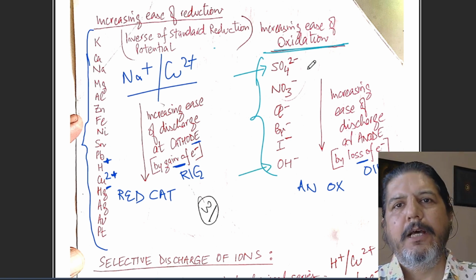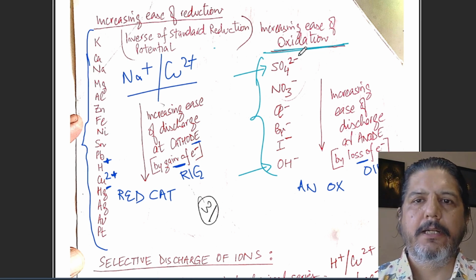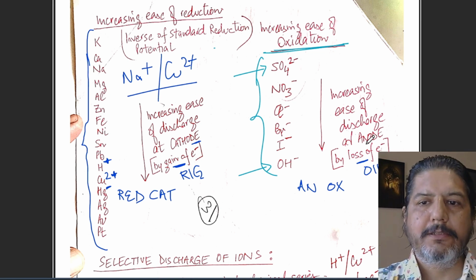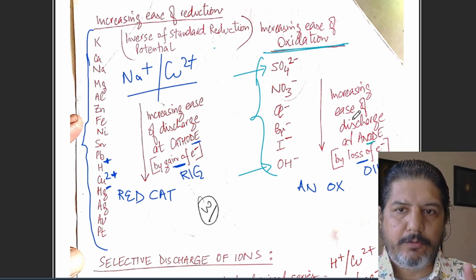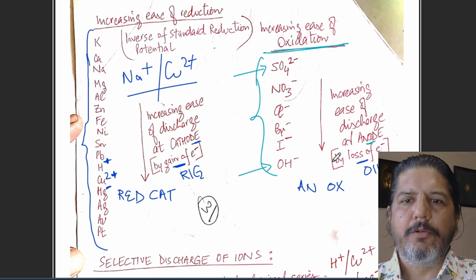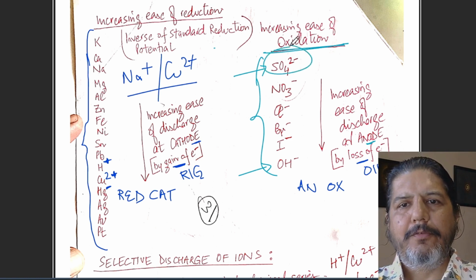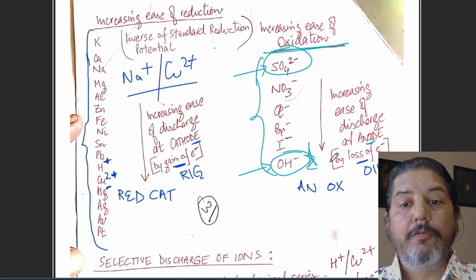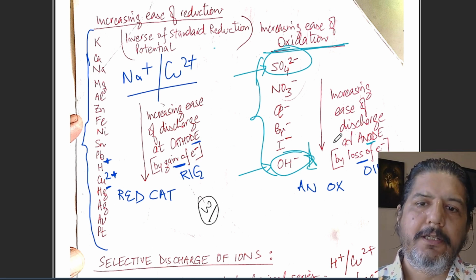These anions will be attracted to the positive electrode, that is, the anode, and they would like to lose electrons. Between sulfate and hydroxide ion, the hydroxide ion will always want to get discharged easily.